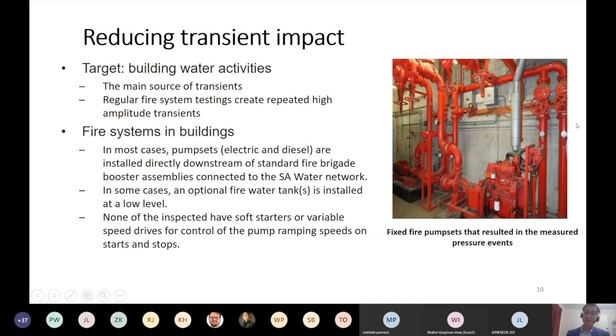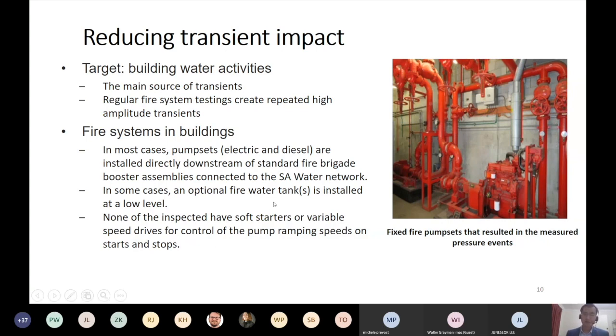And here we found some of the contributors to the transients. Pumps, the electric and also diesel pumps, without any transient protection or without any soft starters, are the main contributors to the transients, as we observed in the city network.